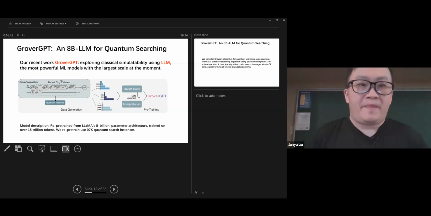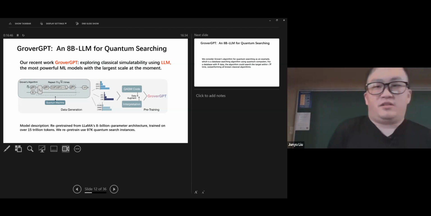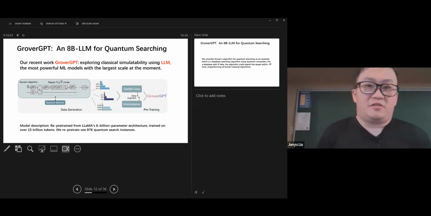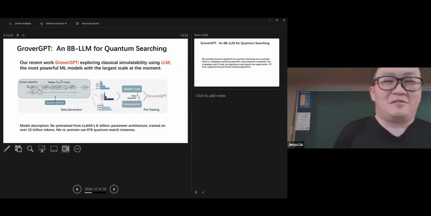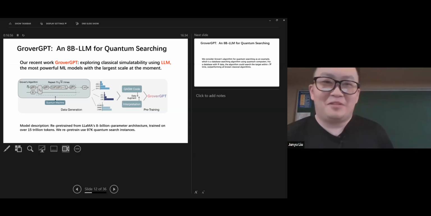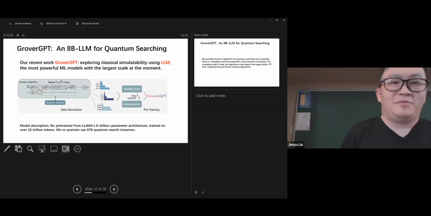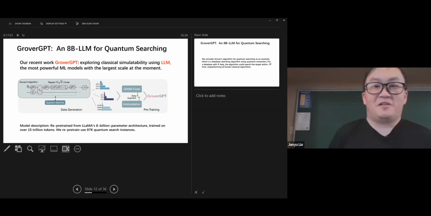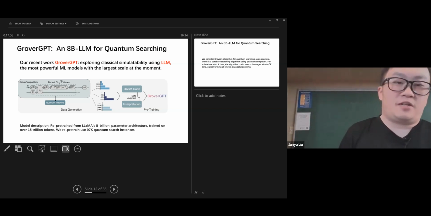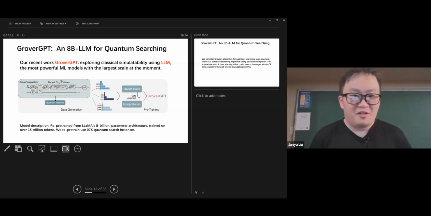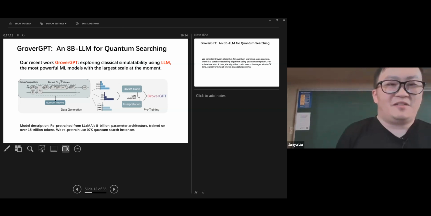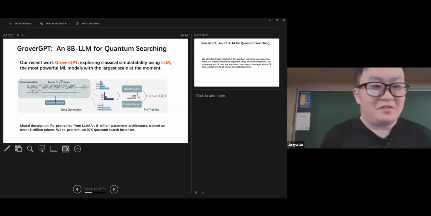But at the same time, LLM maybe can discover some interesting classical algorithms, because we know that LLM now shows evidence that it can actually discover some new theorems in math. So we believe that quantum algorithms are also kind of a mathematical problem. So maybe we're able to say that those LLMs can be more powerful than we expect in finishing some tasks about classical simulation. So that is our motivation for doing this.